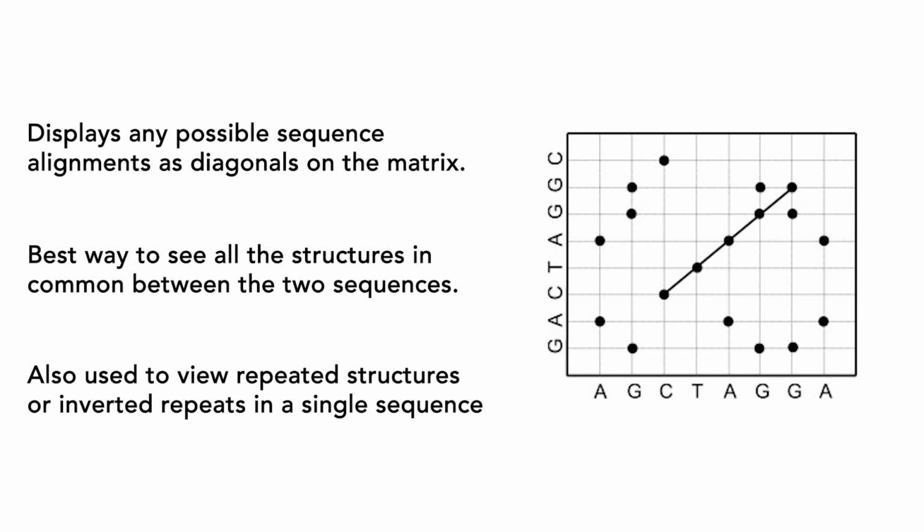You can see in this diagram wherever there is a match in the character, a dot is put in the matrix, and if there is continuous matching you will see a continuous diagonal of dots. Such a matrix is called a dot matrix.